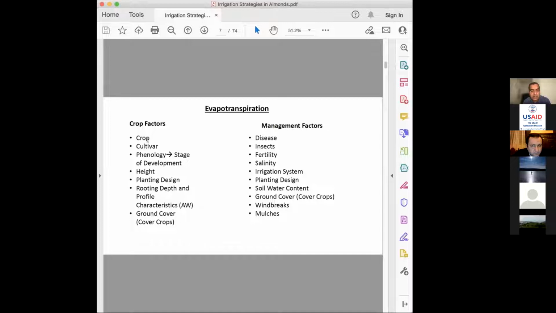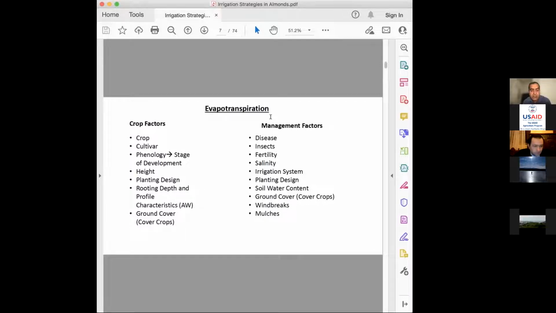There are things that we cannot change, and those are pretty much the crop factors. But there are factors that we can change through management, such as diseases, insects, fertility program, salinity, or the irrigation system design and planting design.